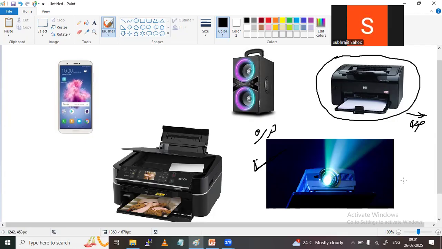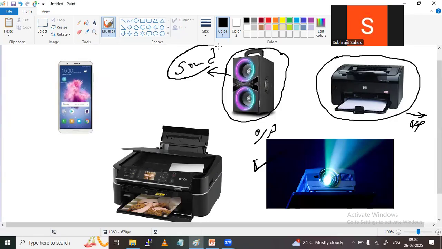So it is also an output unit, right? Here one more device is there, the speaker. What is it doing, sir? It is producing the sound. Since it is producing something, it is also an output unit, right?